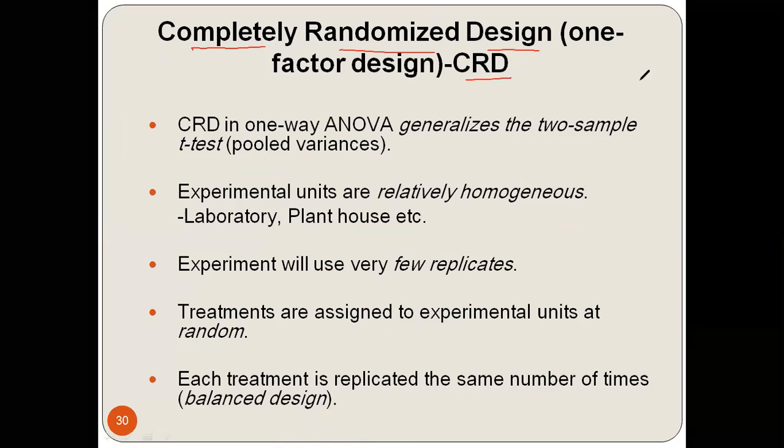Sometimes in certain books, it is called one factor design, completely randomized design, or one factor design, or CRD. Sometimes this CRD is also called one-way ANOVA. I will explain why it is one-way ANOVA.